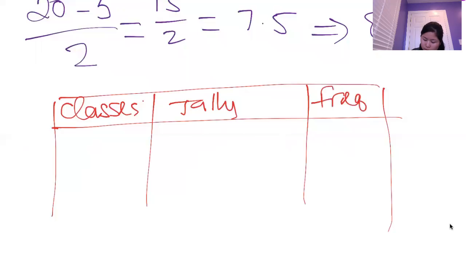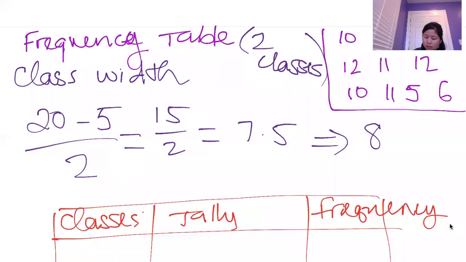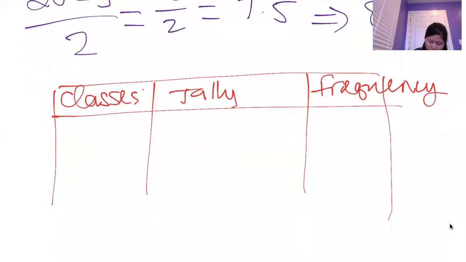This is the frequency. For the classes, we start with the lowest value in our data set. In this case, the lowest value is 5, so I'm going to write in 5. That is the value I'm going to start with.